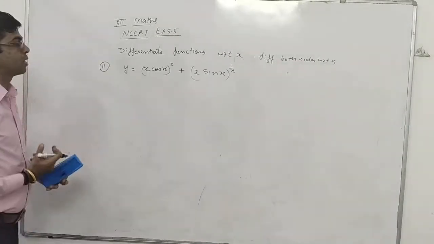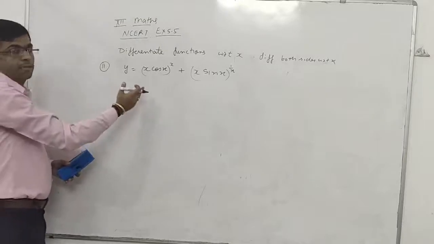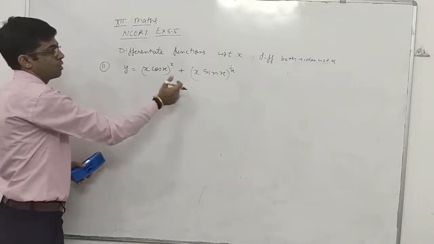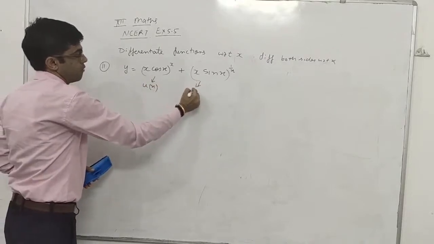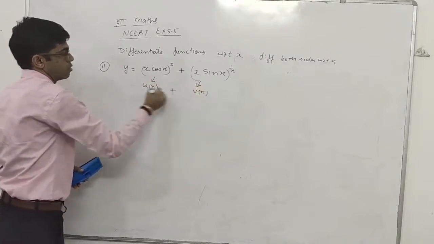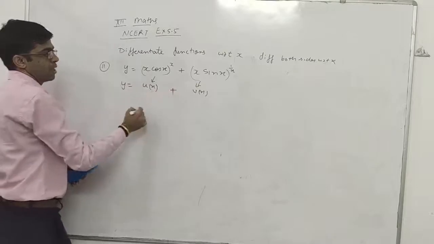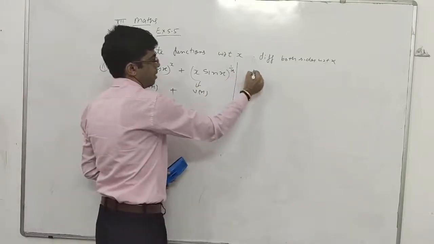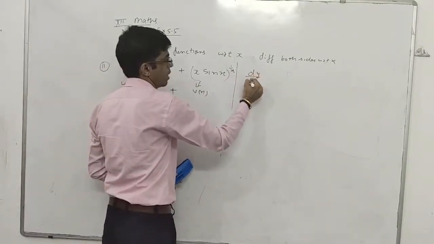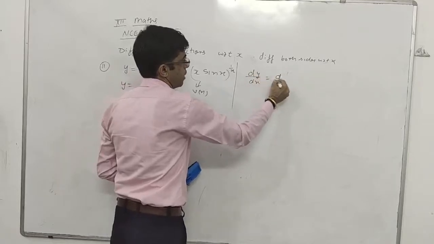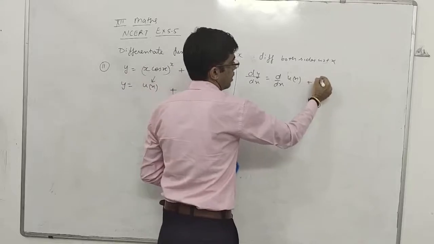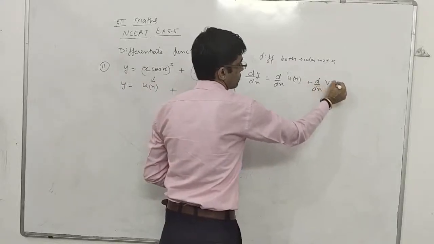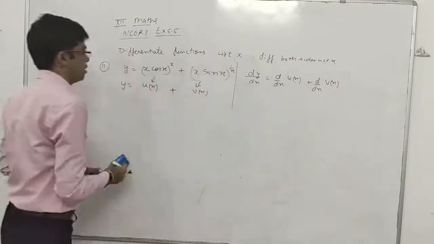Now next, question number 11. Same as we have done in question number 10. Two functions. Again we will assume this u(x) and this one v(x). So y will be u(x) plus v(x). So dy by dx is dy by dx of u(x) plus dy by dx of v(x).